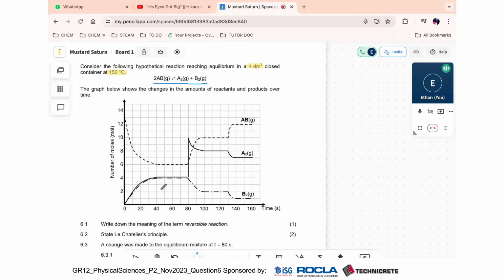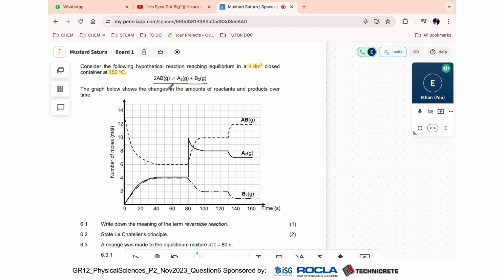The graph below shows the changes in the amounts of reactants and products over time. Interestingly to note, we have one reactant going to two products, and everything is in gaseous form, and we have a reversible reaction.